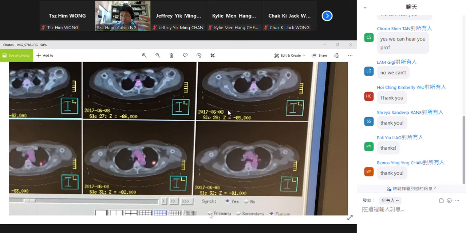Essentially, for a good outcome, it's best that you're left with 40% of your remaining FEV1 or DLCO to have a low risk of complications. Okay, so that's kind of how it works.